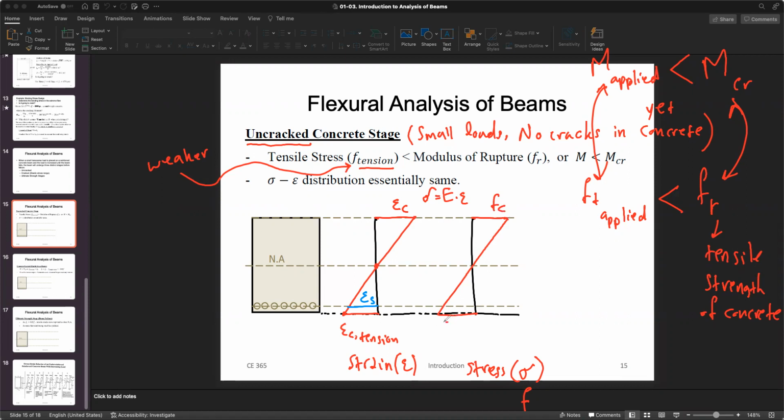Okay. So maximum compression on top, and here you have maximum tension in concrete. One side compression, one side tension, right?